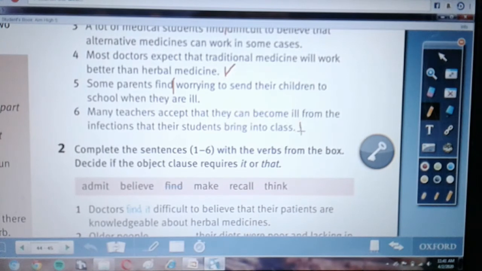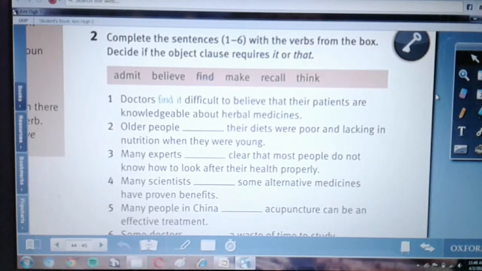Okay, so let's give it a try. Alright, now move on to the second part. Now let's read the instructions for the second part. You have to complete the sentences 1 till 6 with the verbs from the box. Decide if the object clause requires it or that.